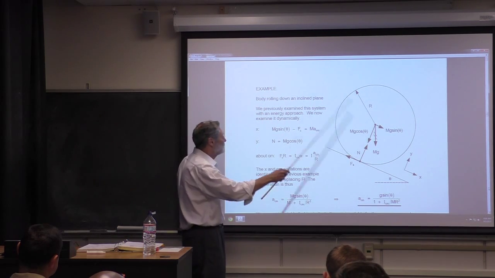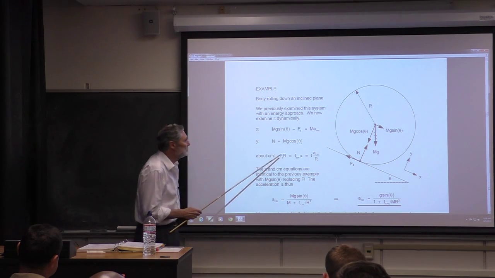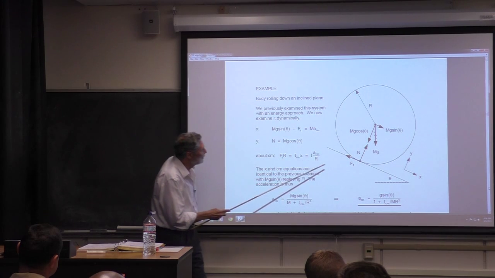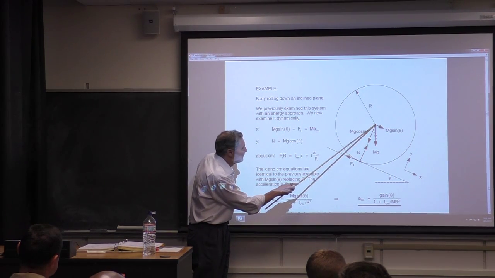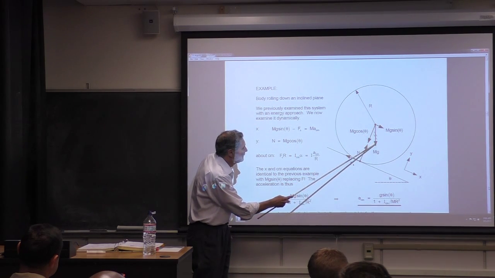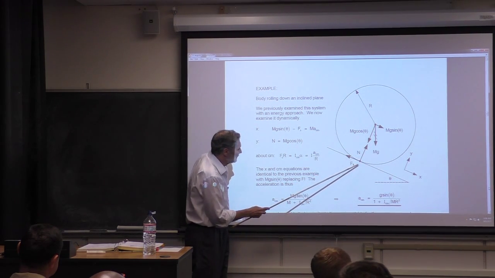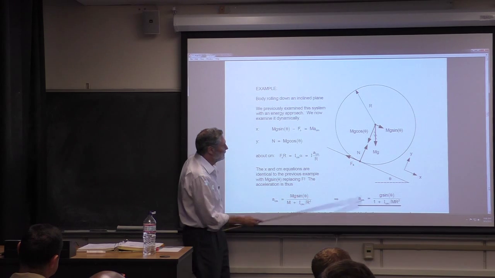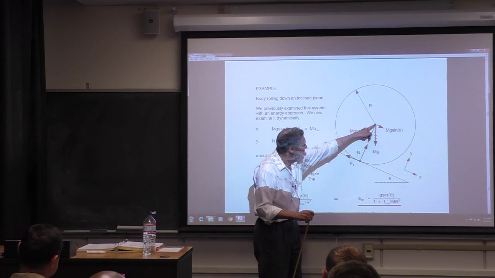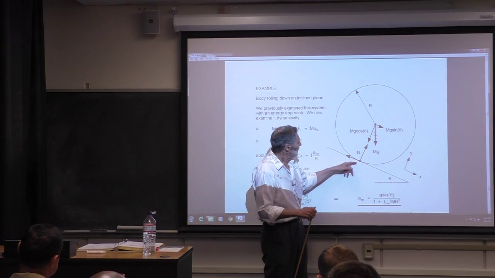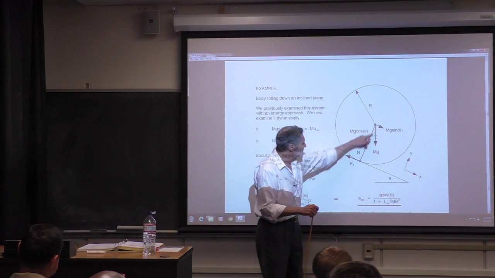It's the rotational equation. We look about the center of mass, and you can see that there's no torque due to gravity about the center of mass. The moment arm is 0. So there's one torque, and it's due to the static frictional force. The force is perpendicular to the radial arm here, so the torque is the force times the distance r.